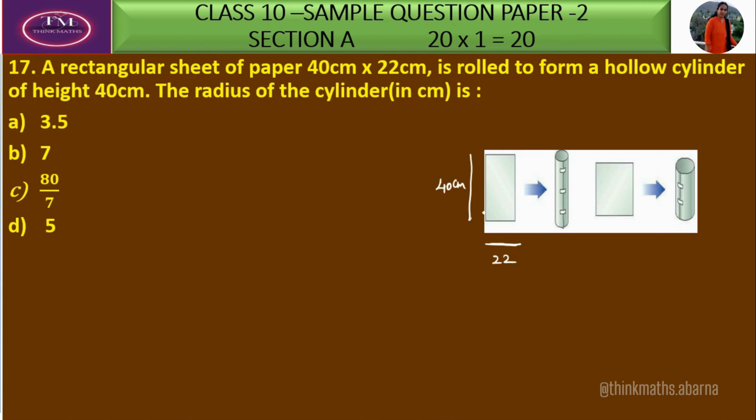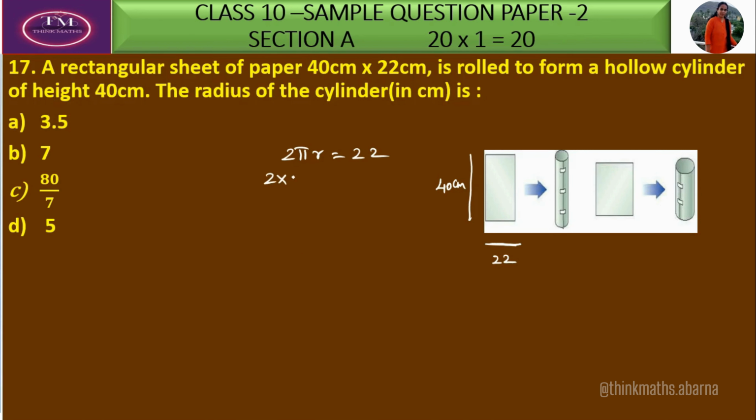What we will do, we will roll the paper to get the cylinder. So what happens? This breadth will be rolled. So the circumference will be 22. Therefore, 2 pi r will be equal to 22.